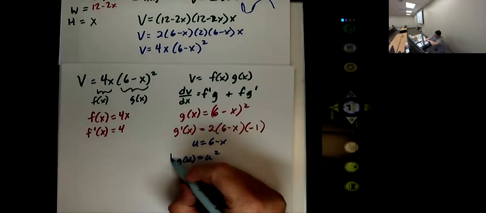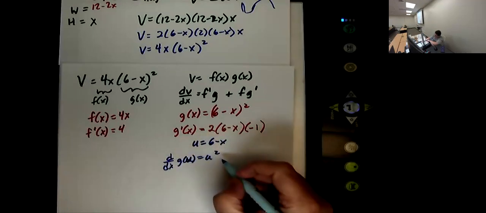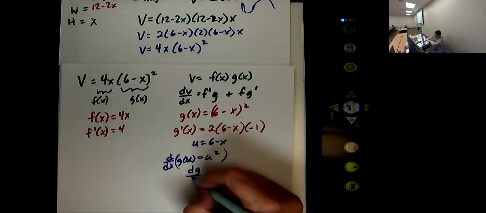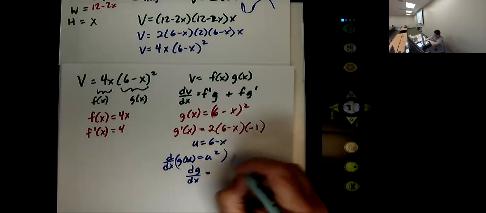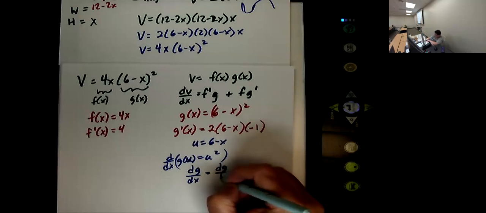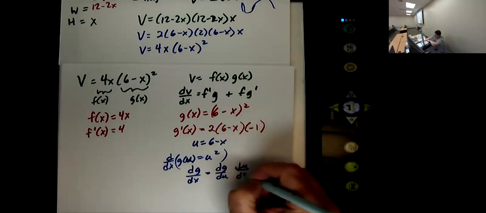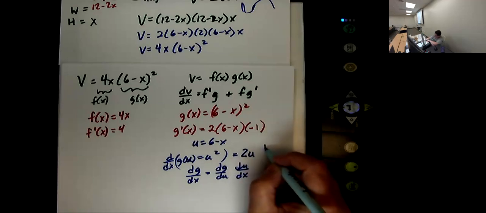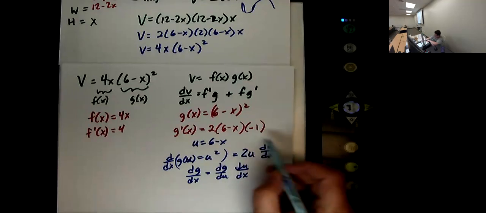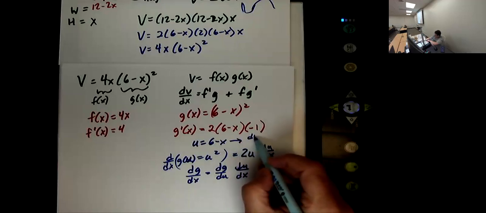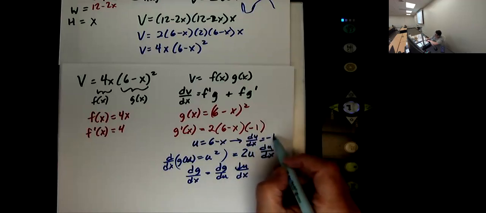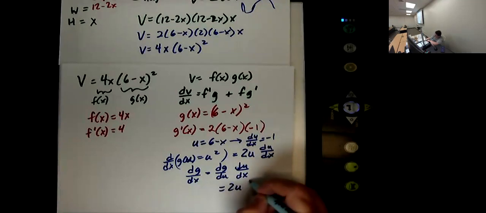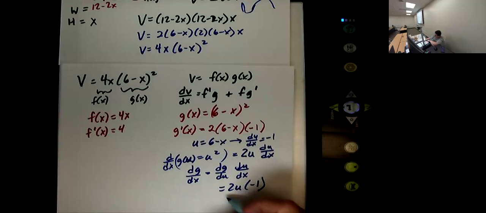When I take d/dx of this, dg/dx equals dg/du times du/dx. The derivative of u squared is 2u times du/dx. du/dx is negative 1. So we get 2u times negative 1, and u was 6 minus x.